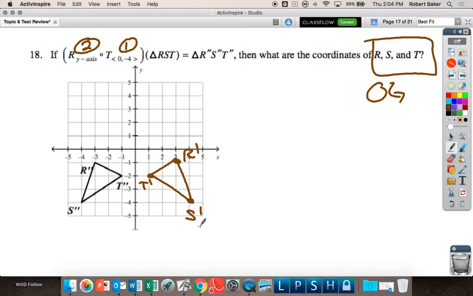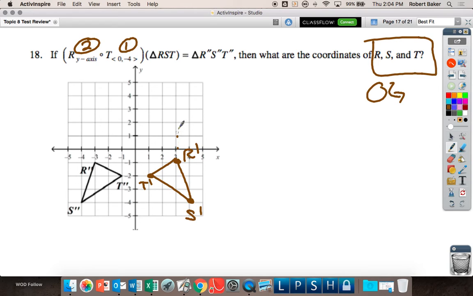Now I have to undo a downward slide, which means I have to slide it up. I'm undoing a downward slide that went down 4, so I have to put it up 4 units. So I undid the reflection. Now I have to undo the downward slide.